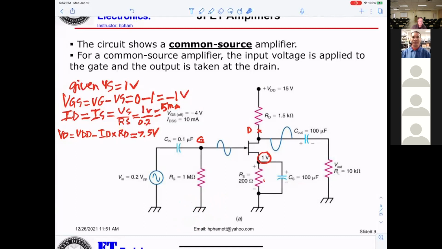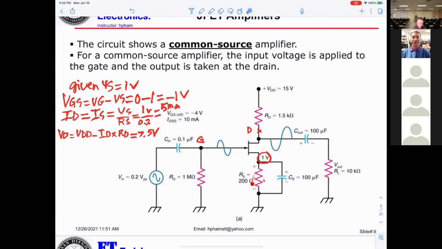Before you do anything with the amplifier, you still have to calculate VGS, ID, or whatever. And with self bias, you need the graph. However, we don't deal with the graph, so they must give you a little more information. For example, here they give you VS of 1 volt. Then you can do the rest of the bias calculation without the graph. That means you can calculate ID easily. 5 milliamps.